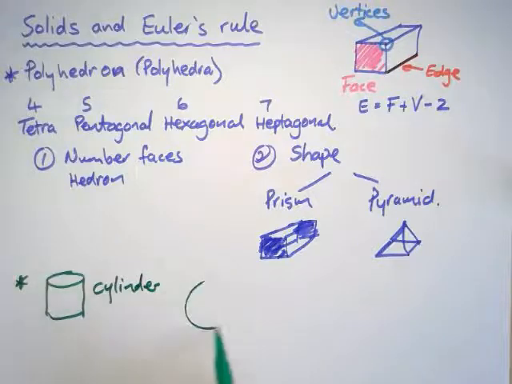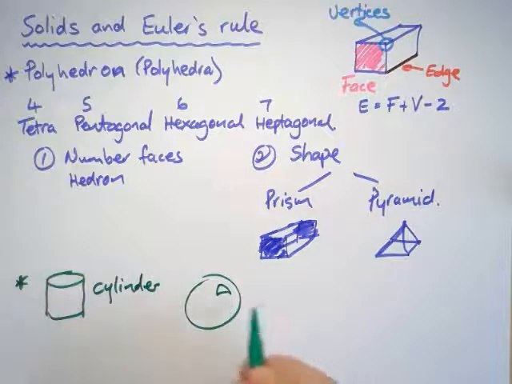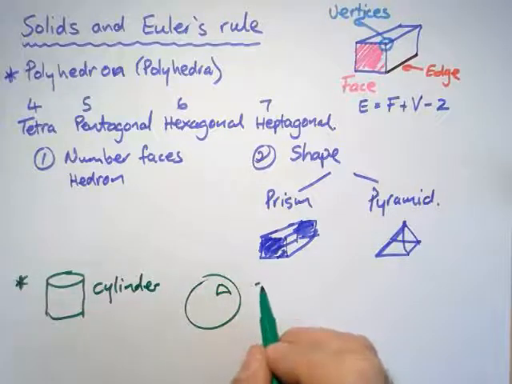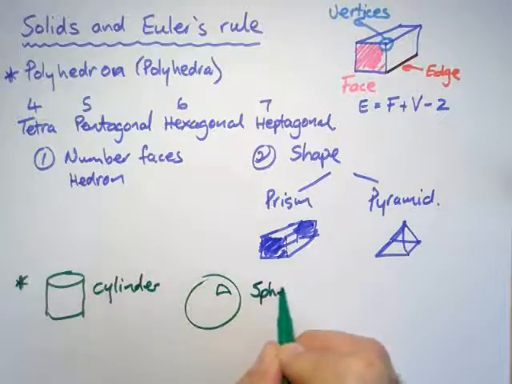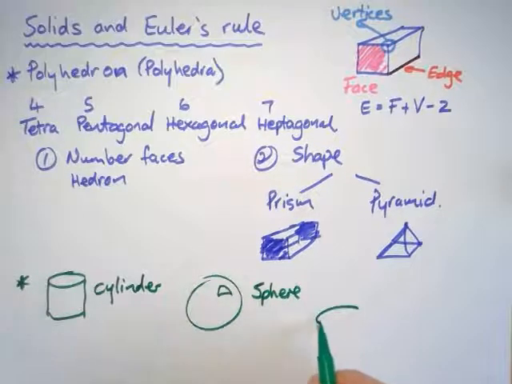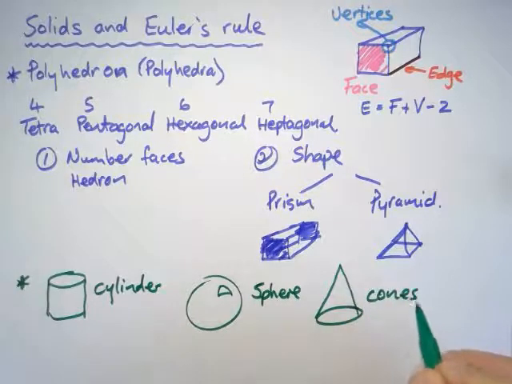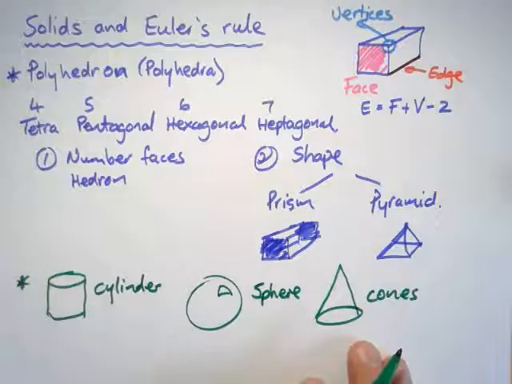We've got a sphere, which is hard to draw, so that is a sphere. You also get semispheres, which is half a sphere, and then we also have cones. Right, those are just curved surface solids, which are the only ones that you need to know.